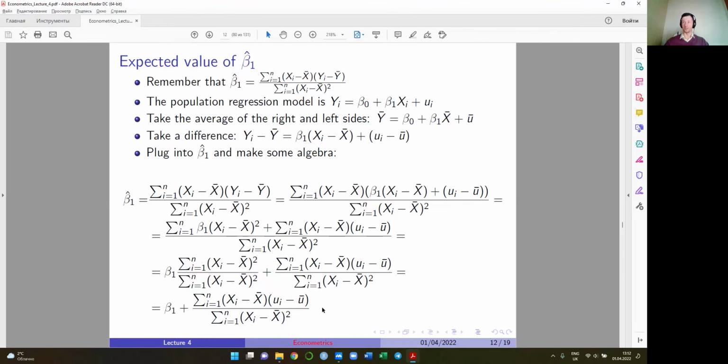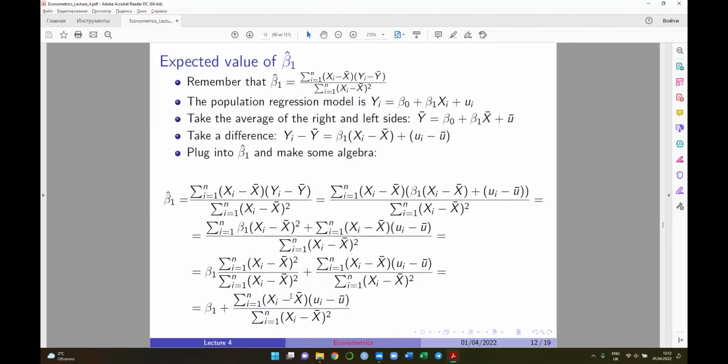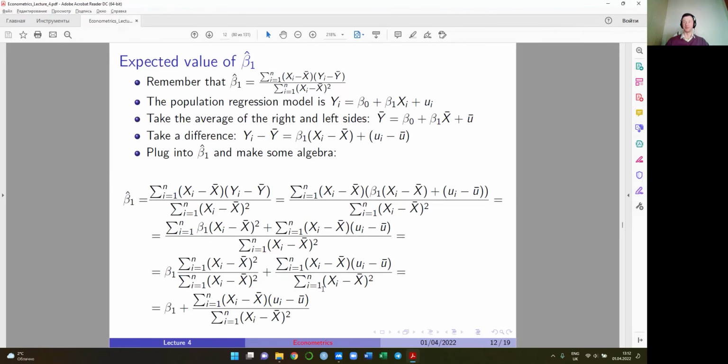Therefore, I hope you see why assumption 1 is crucial. Because if x and u are not related, then this covariance must be 0. And if this is 0, beta 1 hat is going to be equal to beta 1.